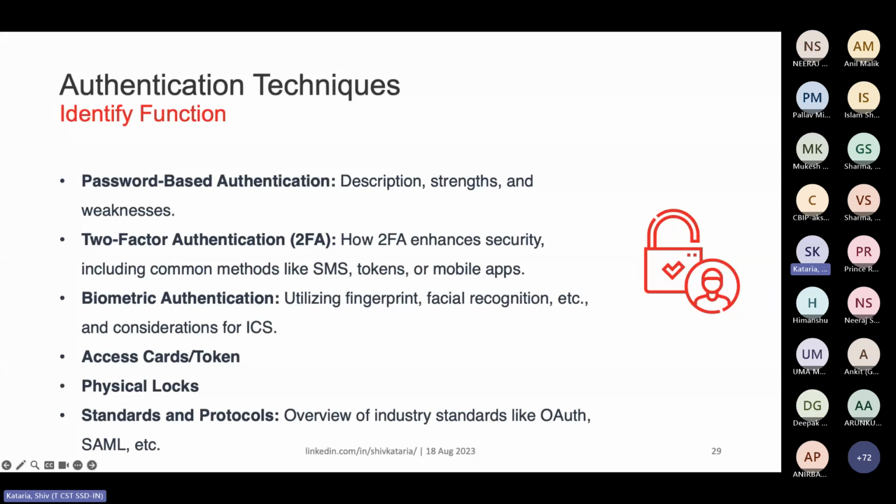If you see in the safety PLCs, they do have modes like program mode and run mode, which is typically done by a switch using a key. Then on the standards side, we have the OAuth standard and then SAML standards. These are very technical terms, so I just put the names of these two different techniques that are used for authentication mechanisms.